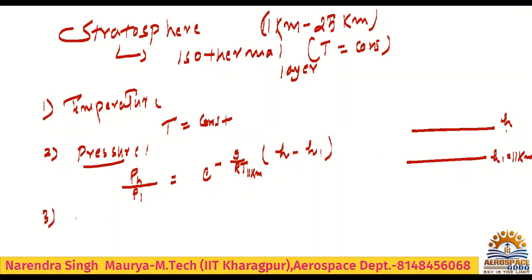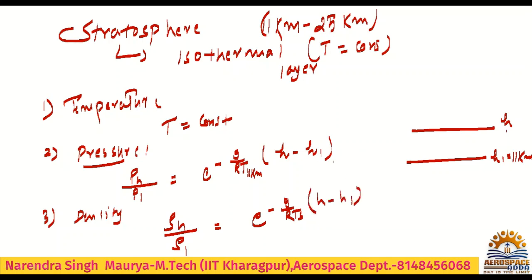Third is density. Density at any altitude, if you want to calculate, then you should know density at 11 kilometer. You should know what the formula will be: e to power minus g by RTs, h minus h1. Check, both formulas are the same.